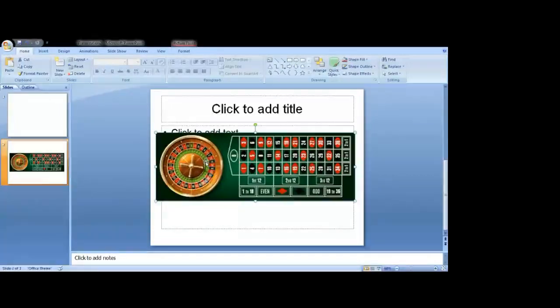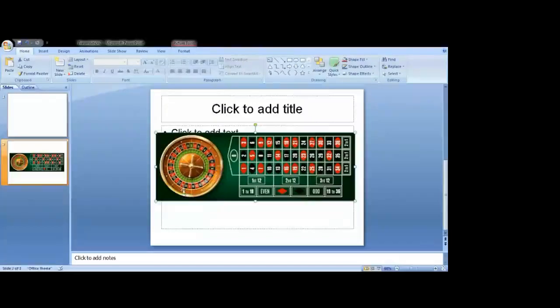When the disc stops spinning, the ball gets into one of these spaces on which a number is written, and the person who has selected that number will win some money.